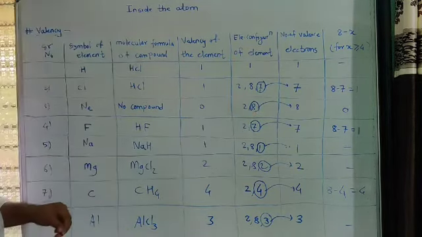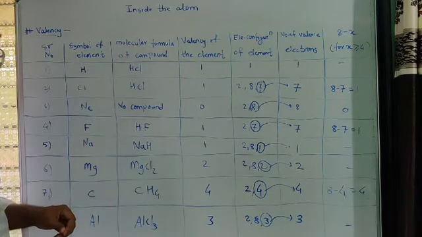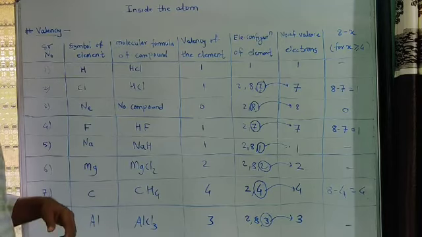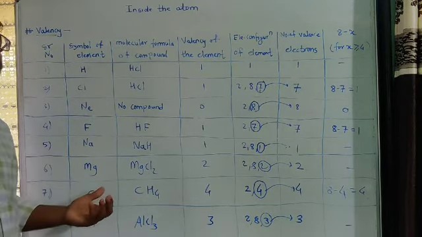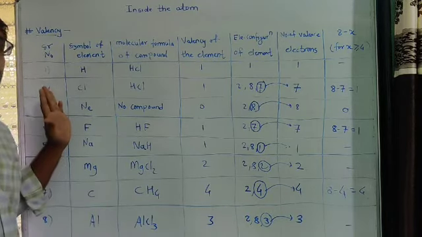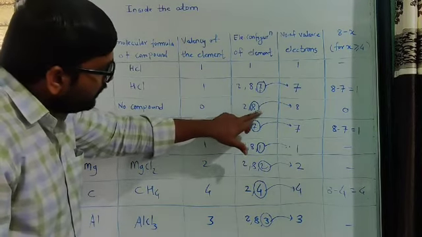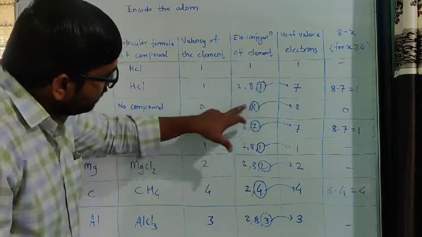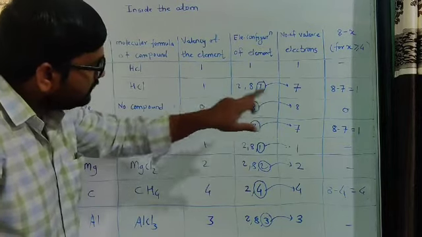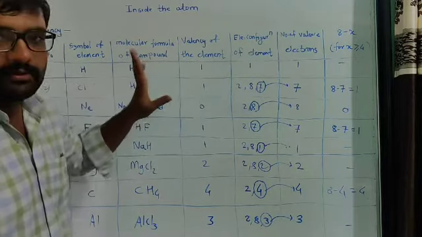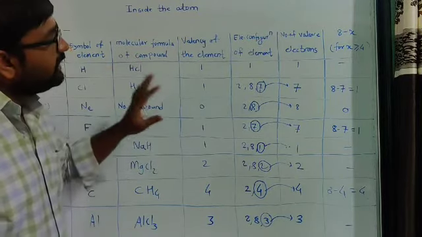If an element has a complete octet, then it does not react with any other element. Look here, 2, 8: in the outermost shell 8 electrons are there, meaning its valency is 0. 8 minus 8 is 0. So its valency is 0.